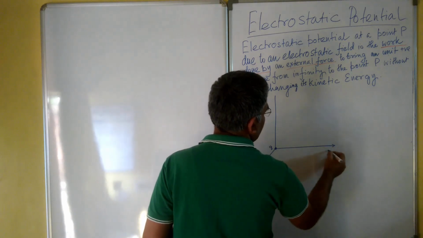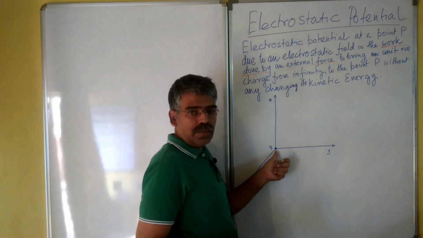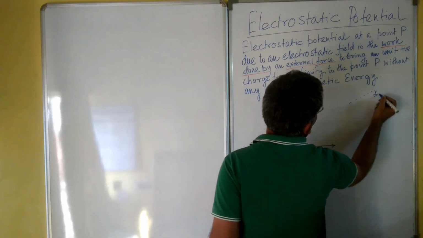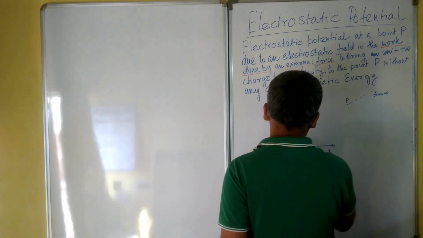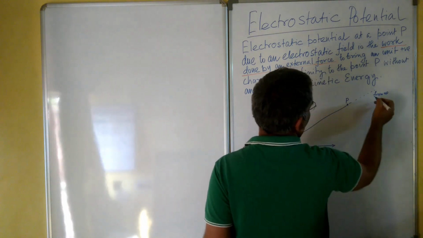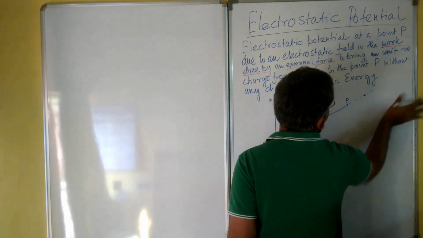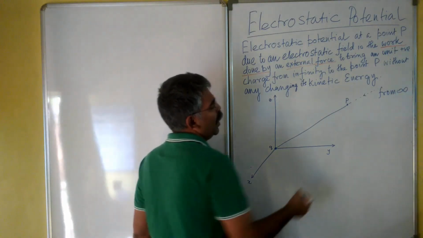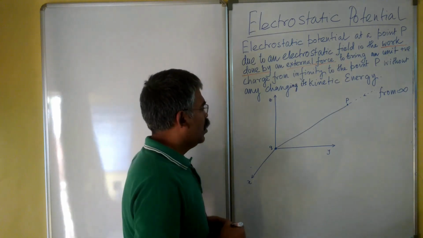This is X, this is Y, and this is Z. In the presence of this charge, which creates an electrostatic field, you have to bring a positive charge from infinity to this point P. If we can find the work done by the external force to bring it from infinity to this point P, then the work done will give you the electrostatic potential.